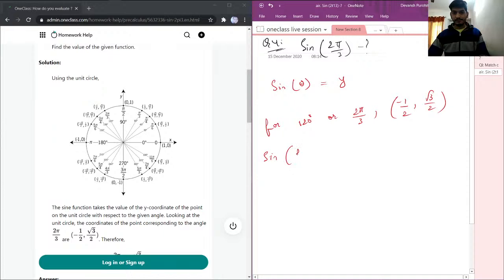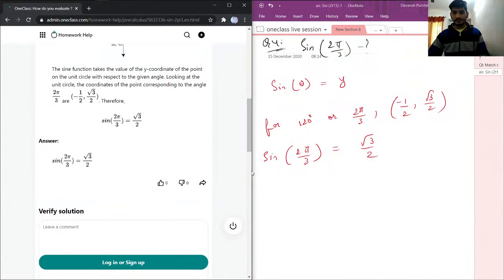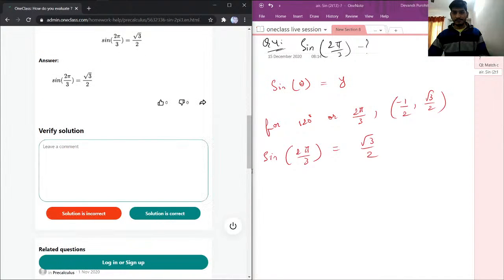Then finally I can say sine of 2 pi by 3 will be the y coordinate, and it will be root 3 over 2. Let's see if the solution given by the Junior Tutor is correct. I'll just say correct solution. Great job. Solution is correct.